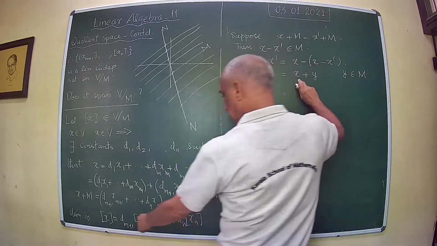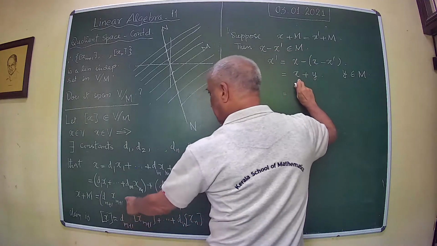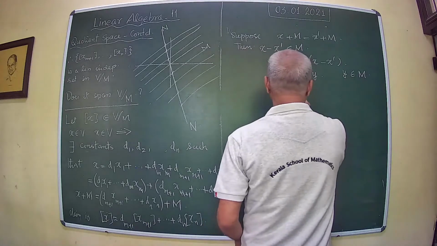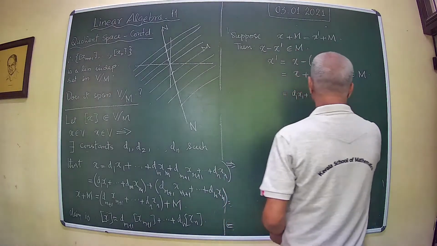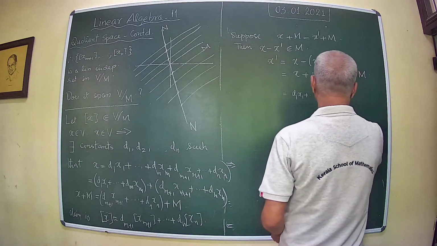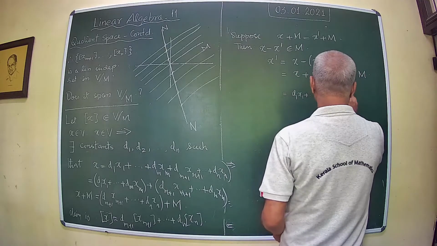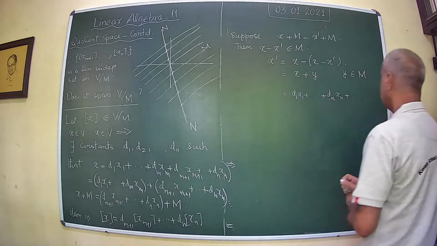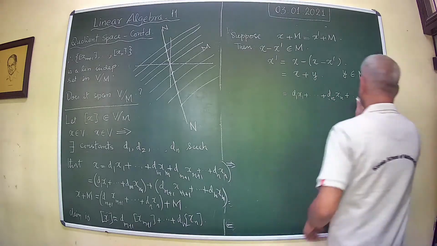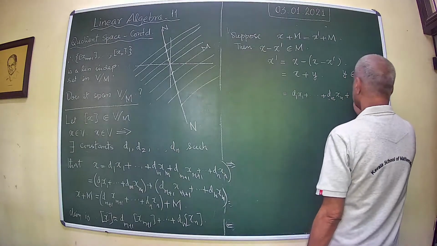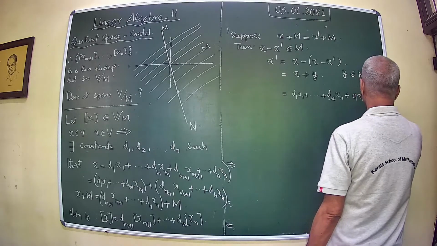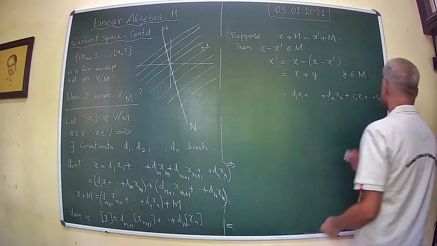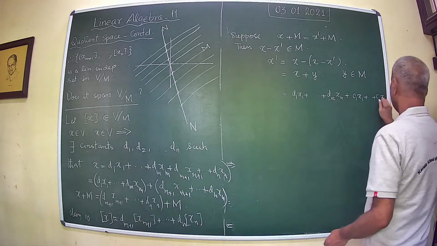The x is equal to b1... and y is equal to say c1 x1 plus etc. cm.